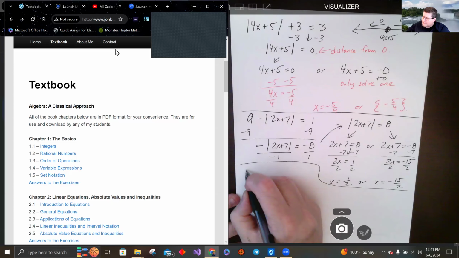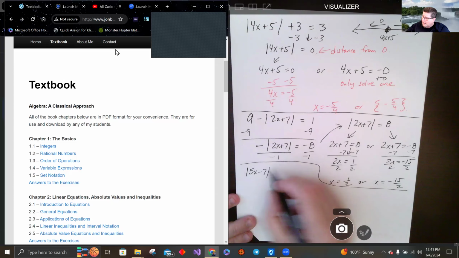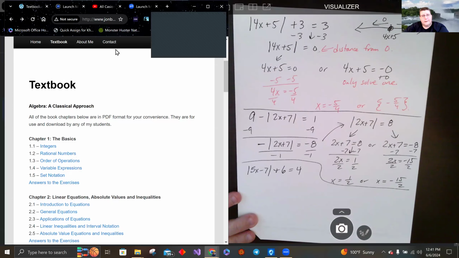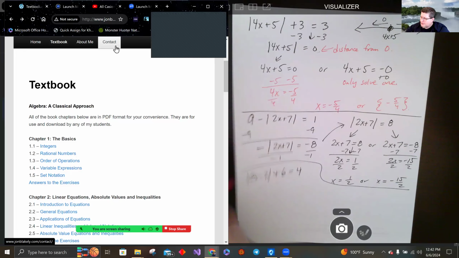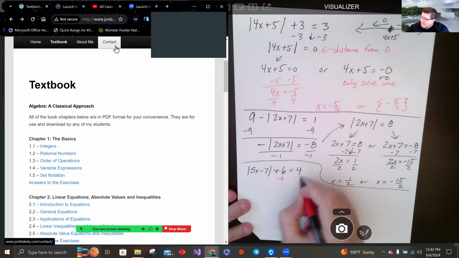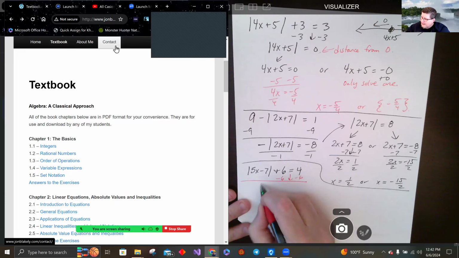What about absolute value of 5x minus 7 plus 6 equals 4? If I subtract 6 from both sides, I get absolute value of 5x minus 7 equals negative 2.